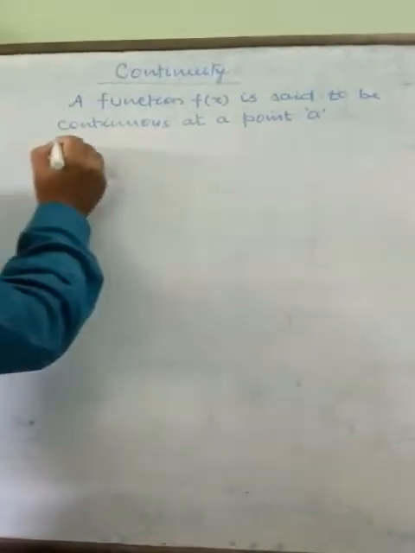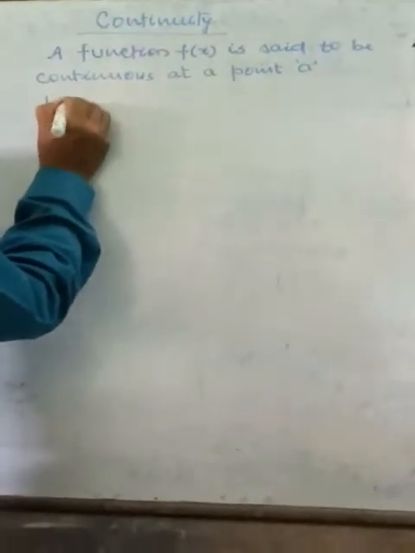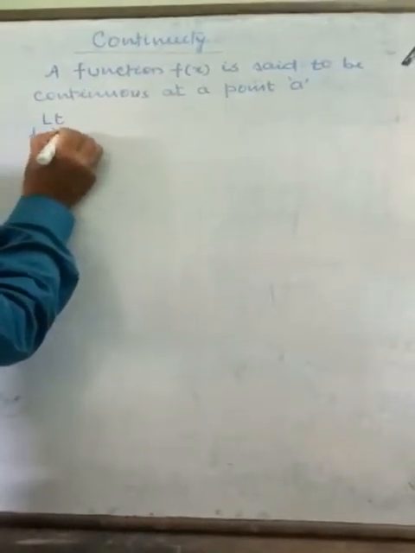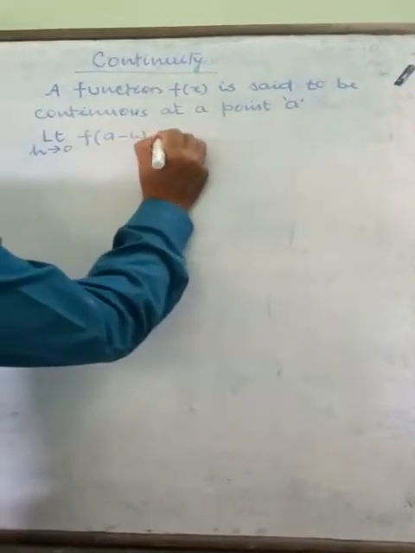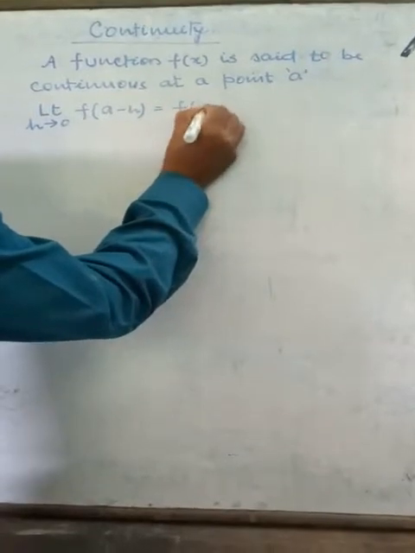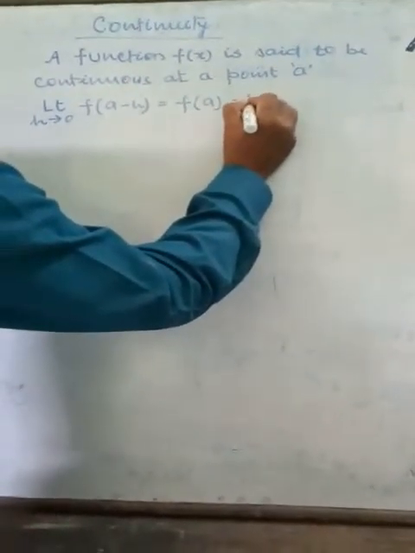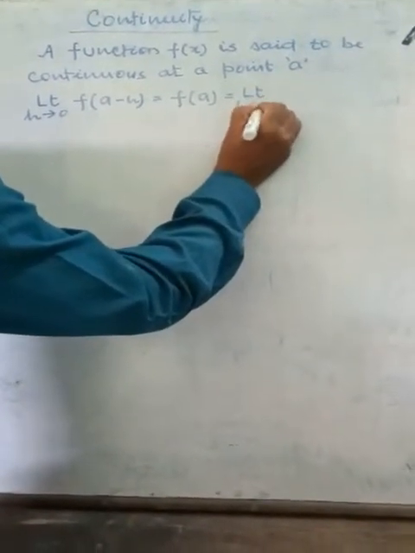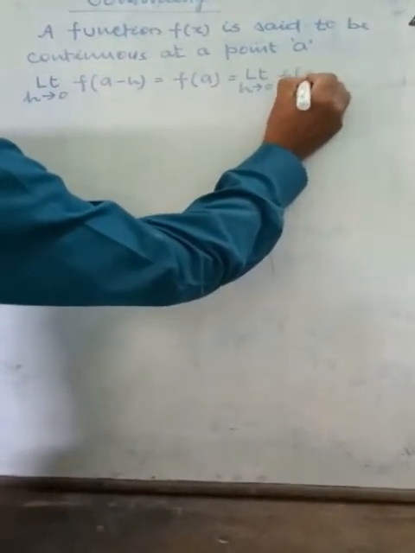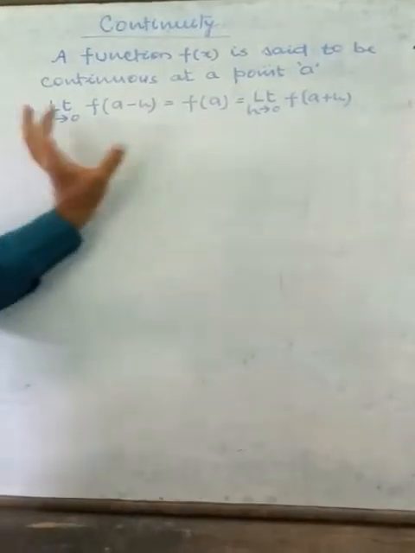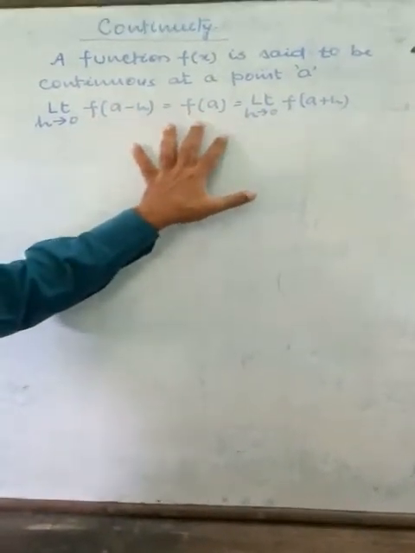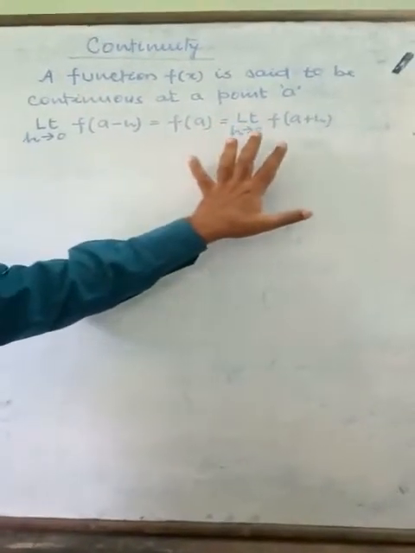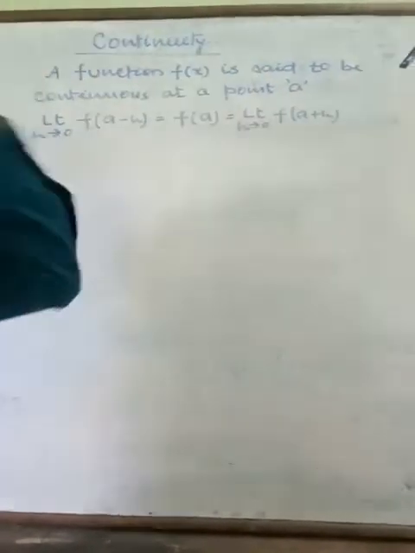That means limit h tending to 0, f(a minus h) is equal to f(a) is equal to limit h tending to 0, f(a plus h).